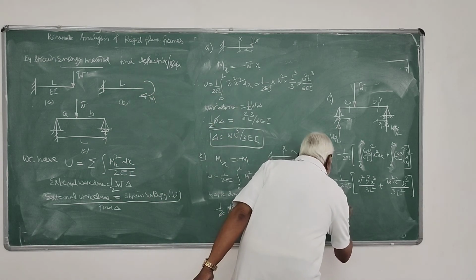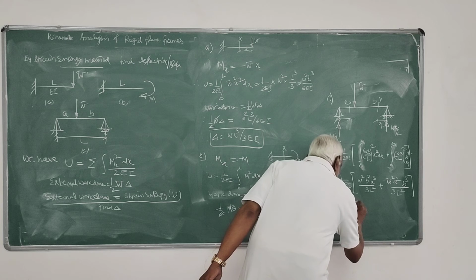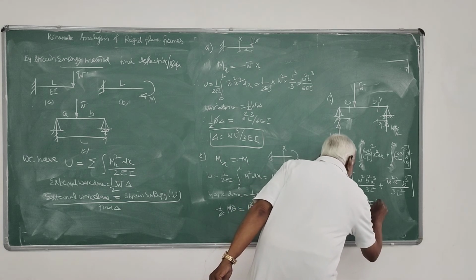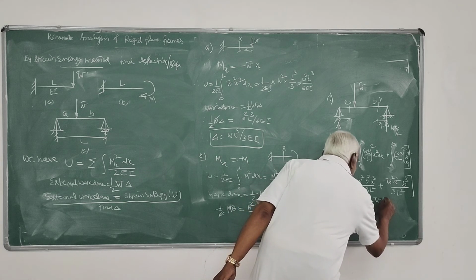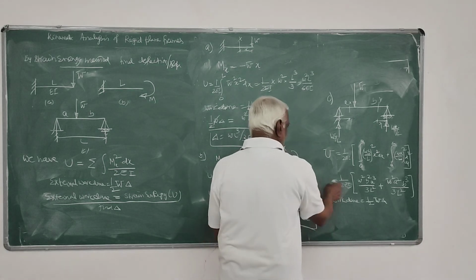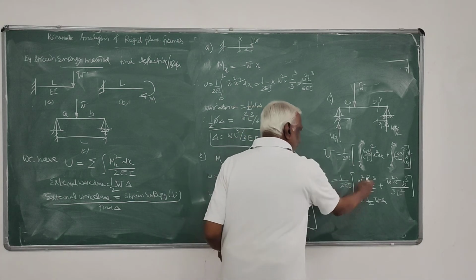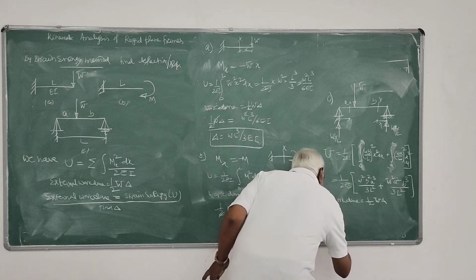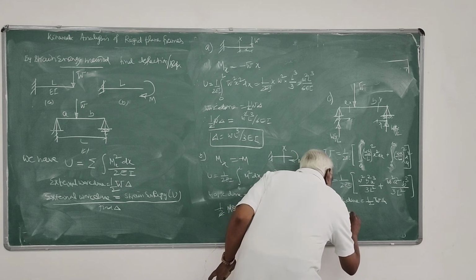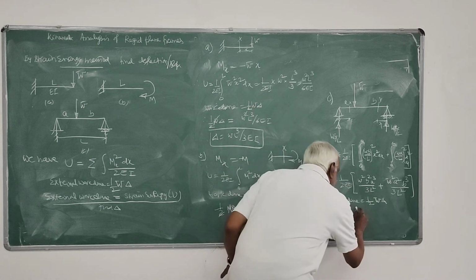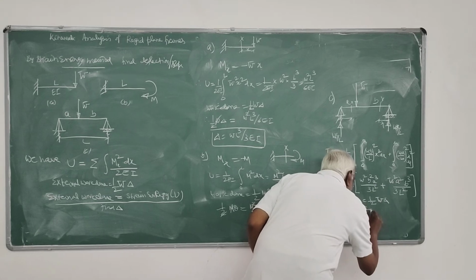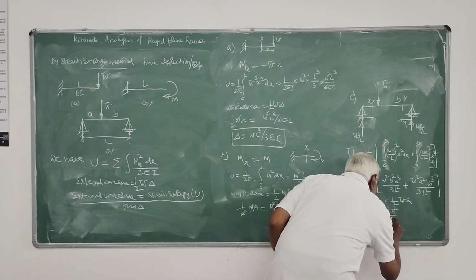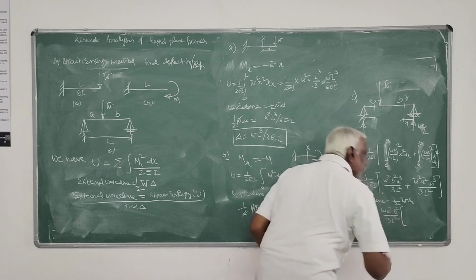Work done is equal to half W delta. Therefore, half W delta equals, here I will take W square A square B square divided by 3 L square outside.